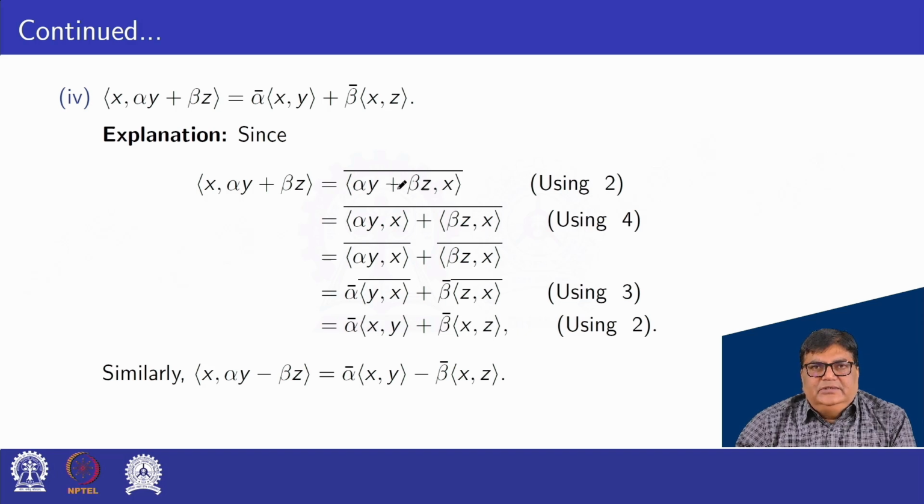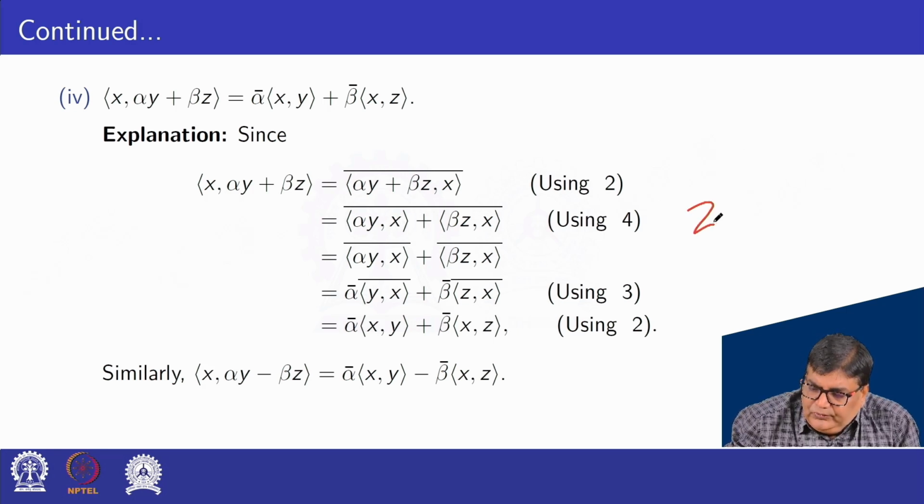So this can be written as conjugate complex of the inner product of alpha y, x plus inner product of beta z, x, and this can be written as conjugate complex of inner product of alpha y, x plus conjugate complex of the inner product of beta z, x, because both terms are complex or real numbers.